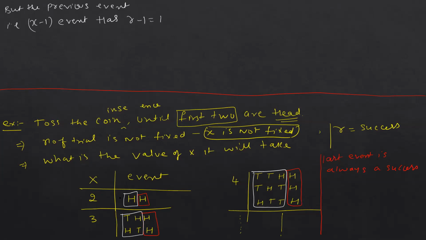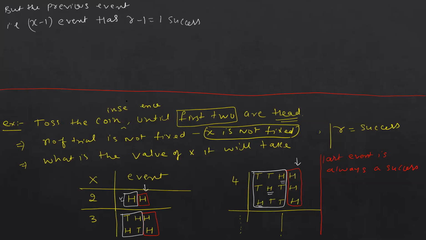You can see here also you have 1 head, and here minimum you have 1 head. So the last event is always a success, and the previous x minus 1 events should have r minus 1 successes. In this case it is 1 success.